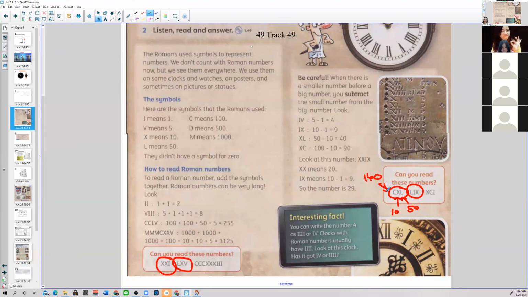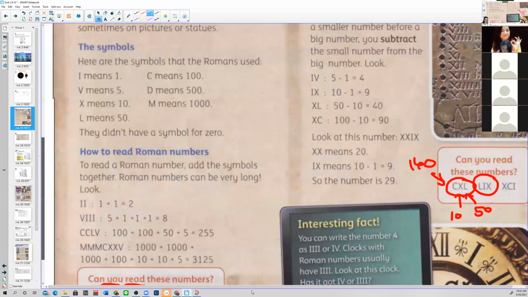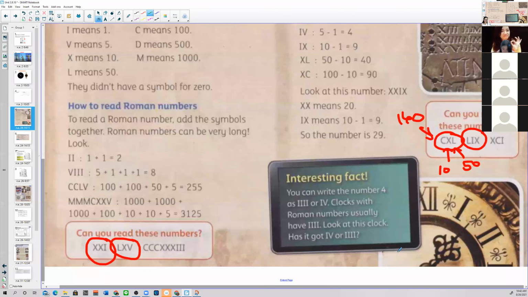You know LIX? L is 50, right? I is 1, X is 10. So do you know how to subtract it? Try to. So LIX, right?